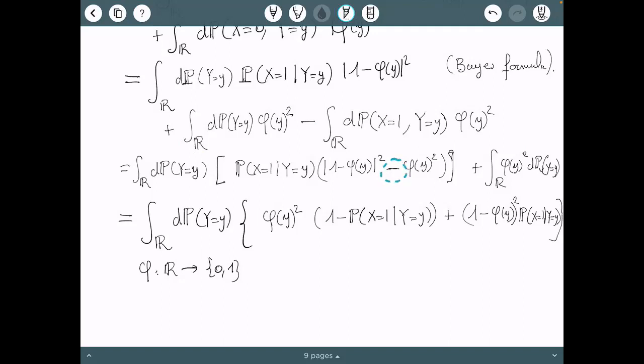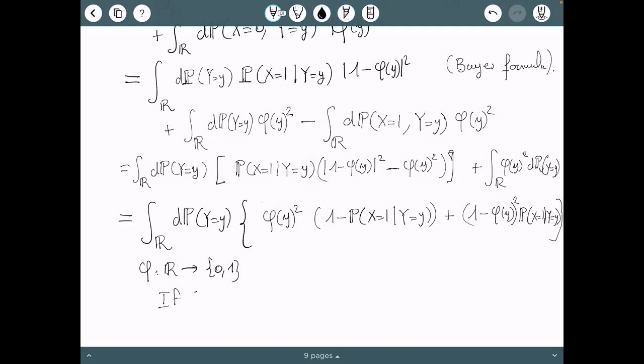So now I have to find the function phi which minimizes this expression, and phi can only take values 0 and 1. So I have to decide when phi of y is equal to 0 and when phi of y is equal to 1. As you can see, let me call this expression A of y.